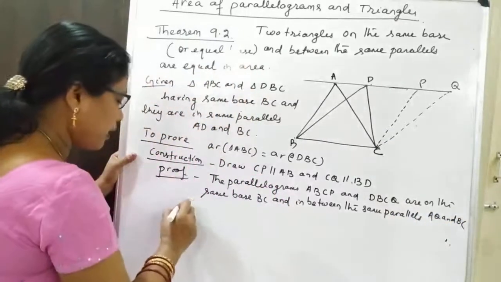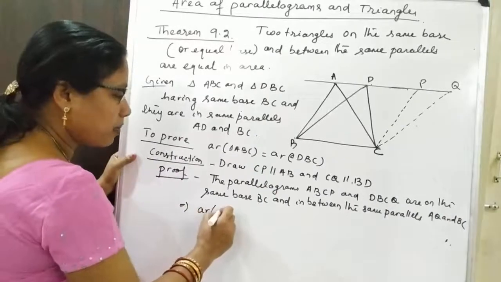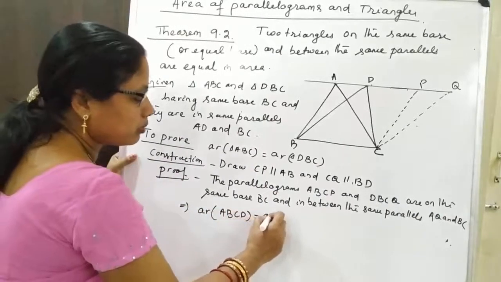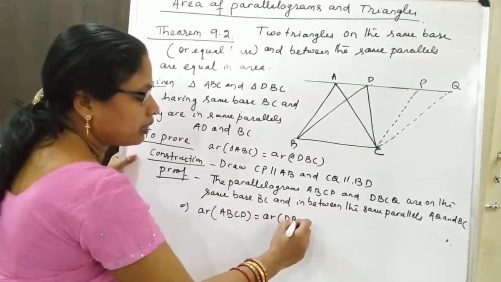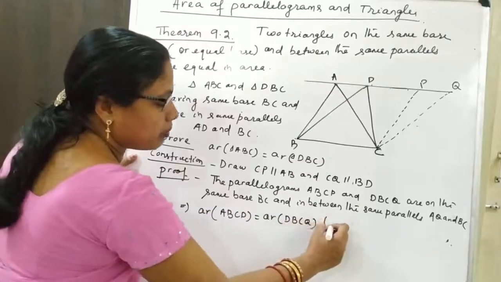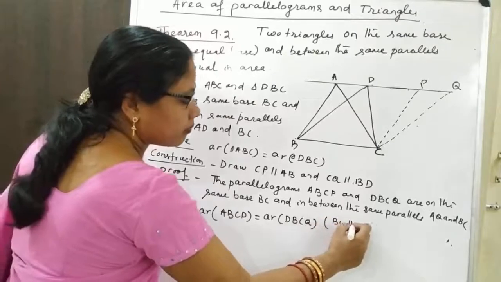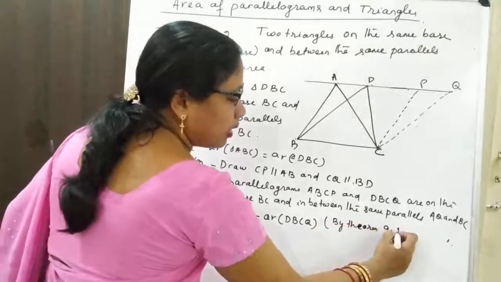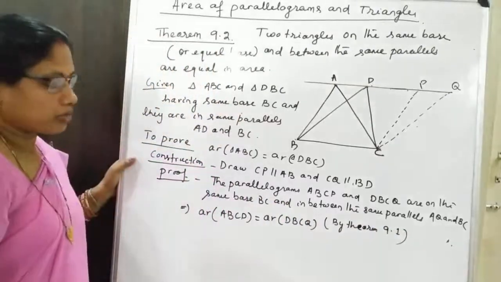So this implies area of parallelogram ABCP is equal to area of parallelogram DBCQ by theorem 9.1. We have proved this theorem.